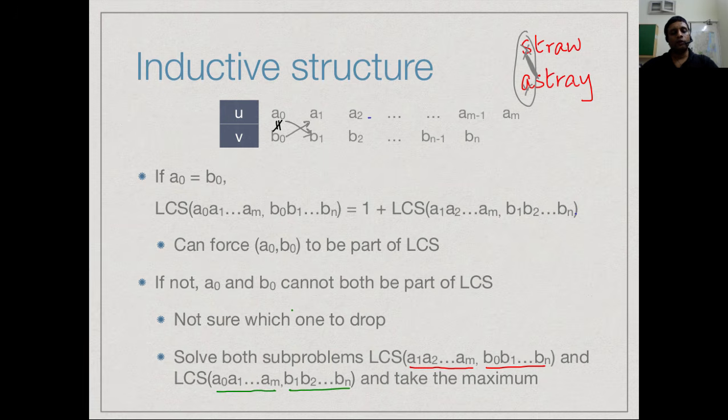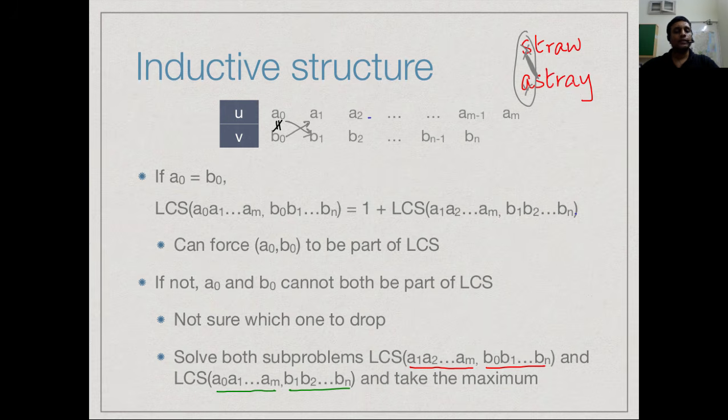So these are my two possible subproblems, knowing that both A0 and B0 cannot be there, but I should allow one of them to be there, otherwise I might have a suboptimal solution. So dropping one of them, it's like in the job scheduling case where you say that if this job is there, something else is not there. If A0 is there, B0 is not there. If B0 is there, A0 is not there, but beyond that I can't say anything. So therefore I solve both of these problems in principle and take the maximum, the better of the two.